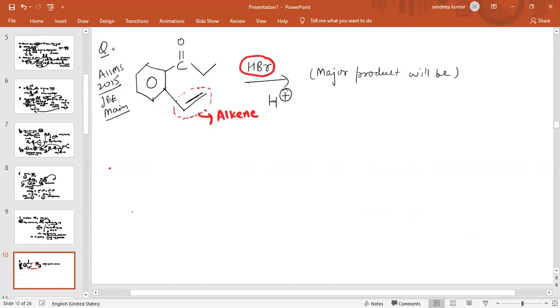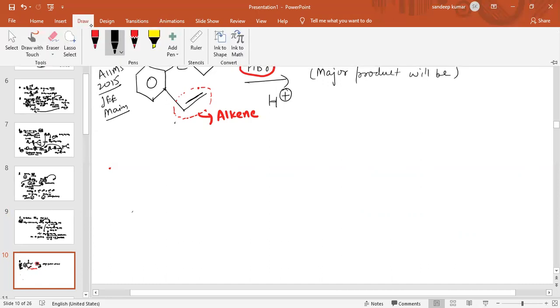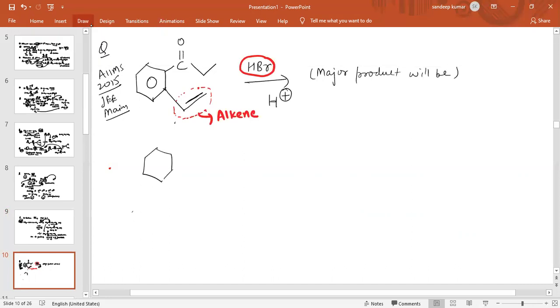So the more stable carbocation will form at this position.